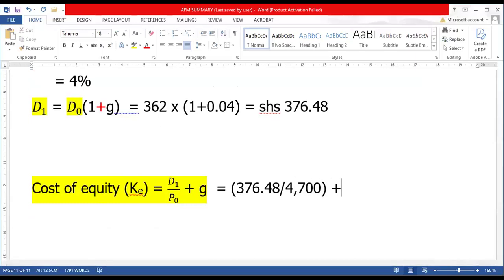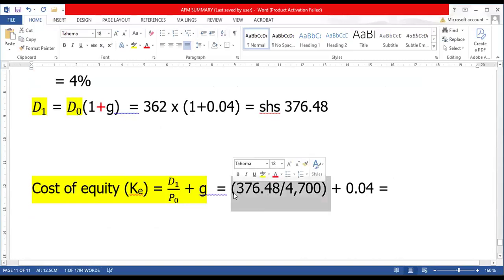Then in the answer you get, add 0.04. On your calculator, first put open bracket, write this over this, close bracket, then plus 0.04. What do you get in decimal points? 0.12.